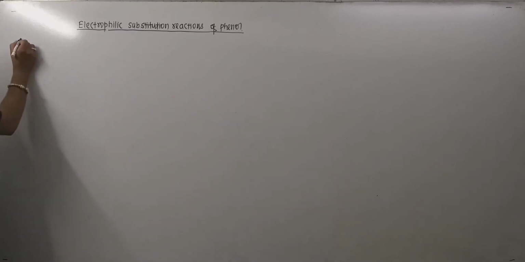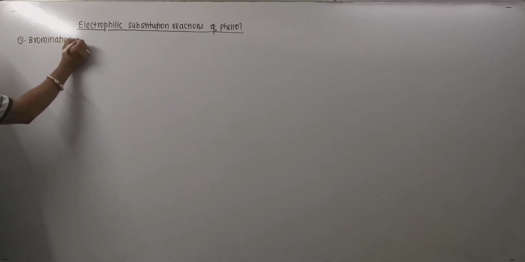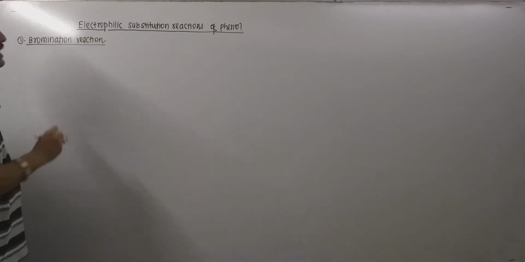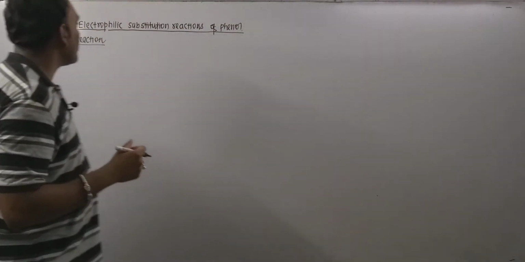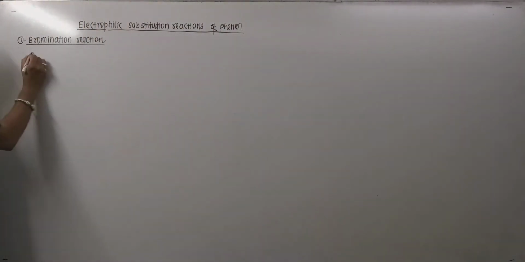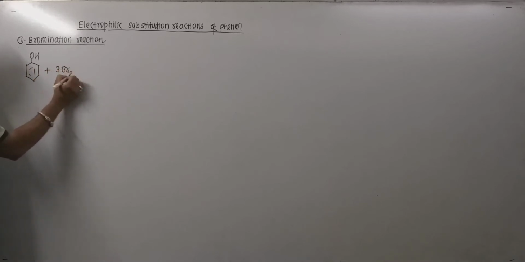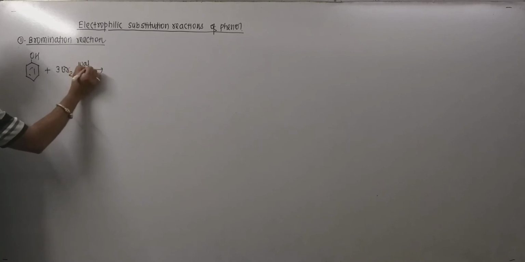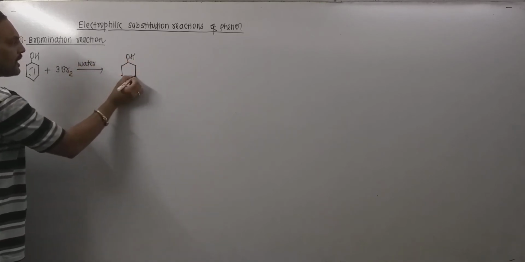So the very first electrophilic substitution reaction to be discussed is the bromination reaction. Now the bromination reaction has a vital importance, and remember, solvent has greater influence on this reaction. So when phenol is treated with bromine water, then 2,4,6 tribromophenol is obtained as a product.